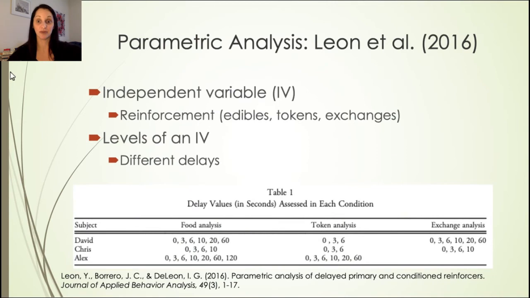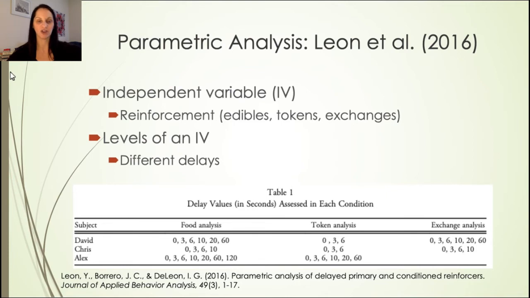So this is an example from Leone et al. 2016. Their independent variable was reinforcement. It was a human operant study with individuals with intellectual and developmental disabilities, and they were interested in different delays to reinforcement.